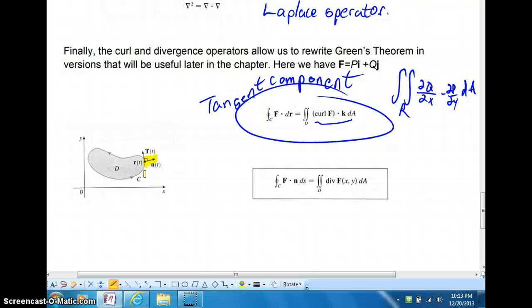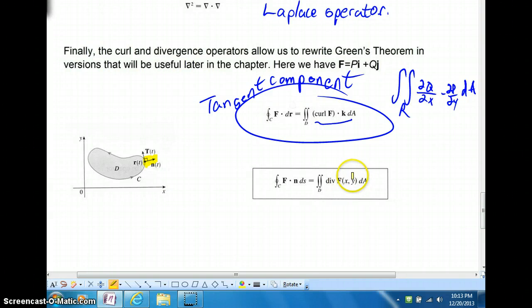Well, imagine that you evaluated the work done on this path, but in the direction of the normal vector. And again, F dot n, remember force dot a distance here. Imagine that we were evaluating it in that regard.